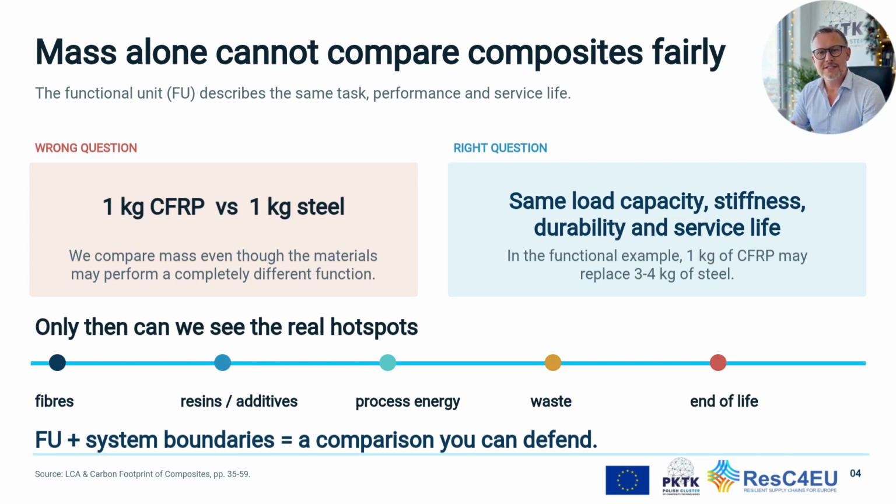In the example presented in the book, 1 kilogram of CFRP may replace 3 to 4 kilograms of steel while providing the same function. Only after defining the comparison this way can we assess the real hotspots: fibers, resins, and additives, process energy, waste, and end of life. The functional unit and system boundaries are therefore the foundation of a result that can be defended in front of a customer, auditor, or EPD verifier.